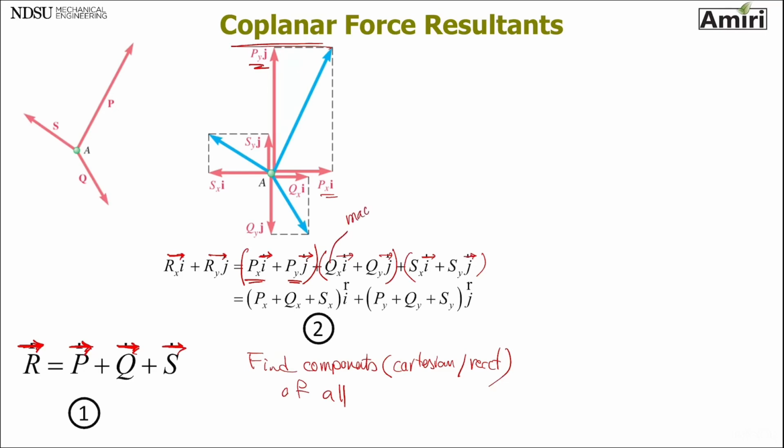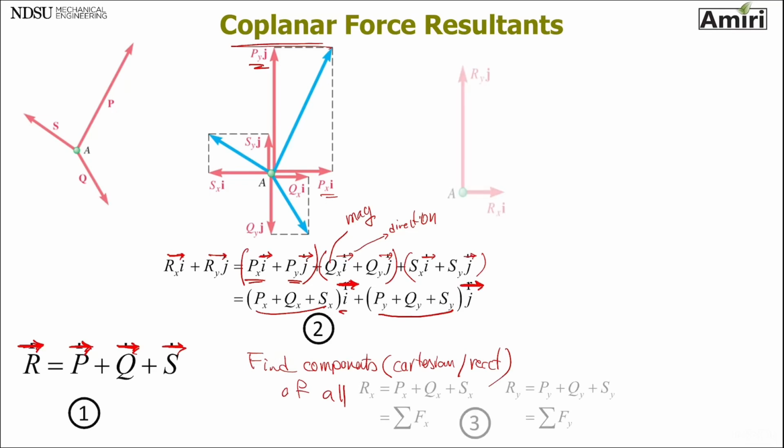Remember, this is magnitude, it doesn't have an arrow, but this is direction. This is a unit vector, so that one has an arrow. And look what they did. They put all the i's together, they put all the j's together. And that's what this means.